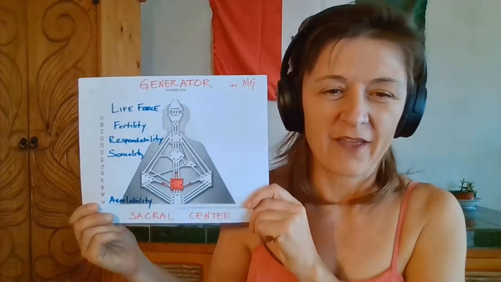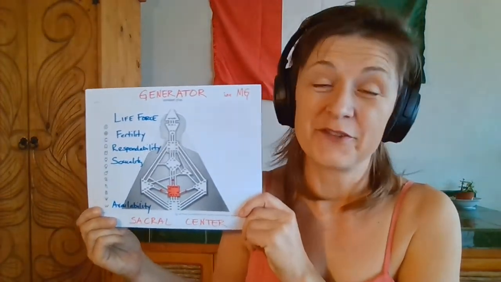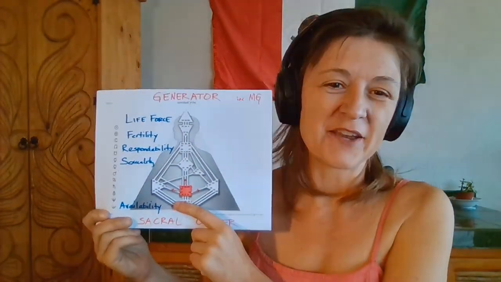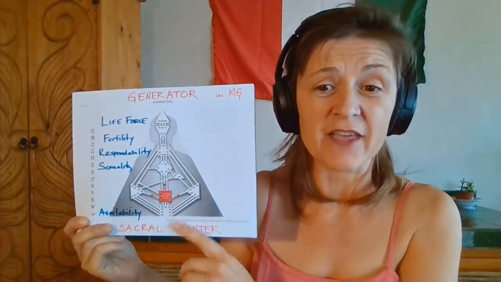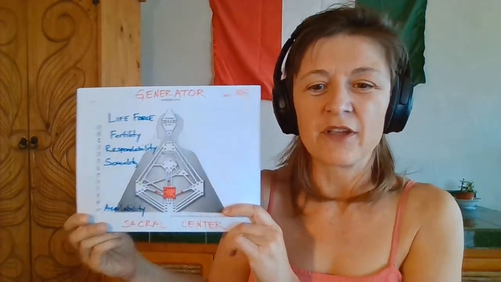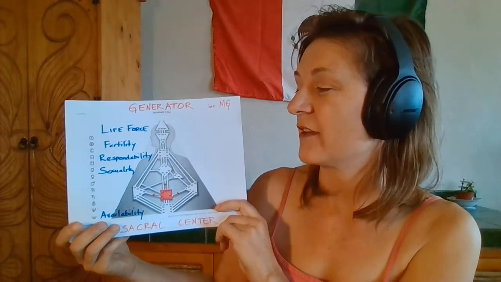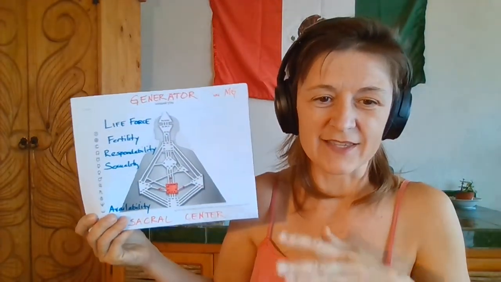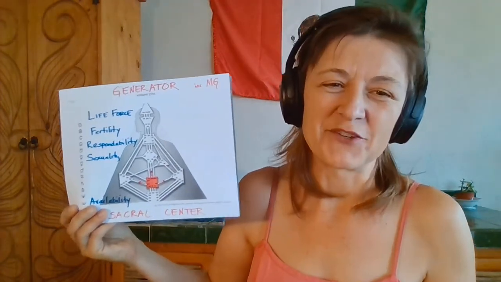Okay. The source of all life force, not pressure, life force on the planet is the sacral center. Roughly 70% of the planet, humans are generators, and they have this life force. And it's about fertility and respondability, sexuality, things like this. This is the juice. Well, maybe I shouldn't use the word juice.